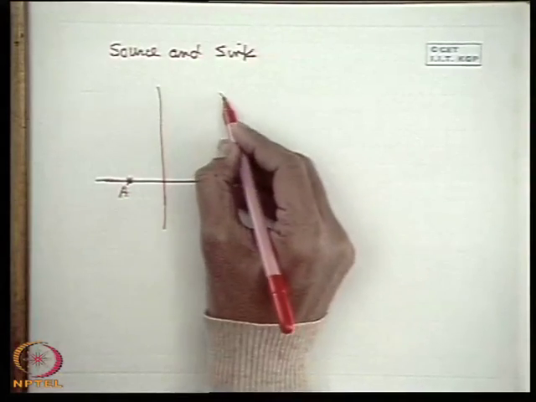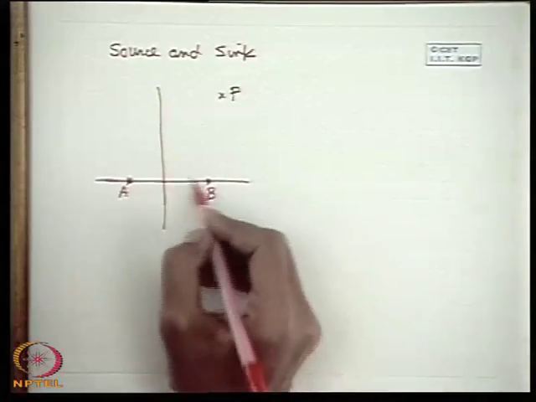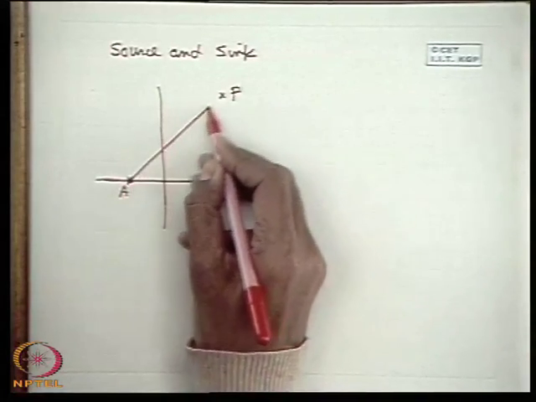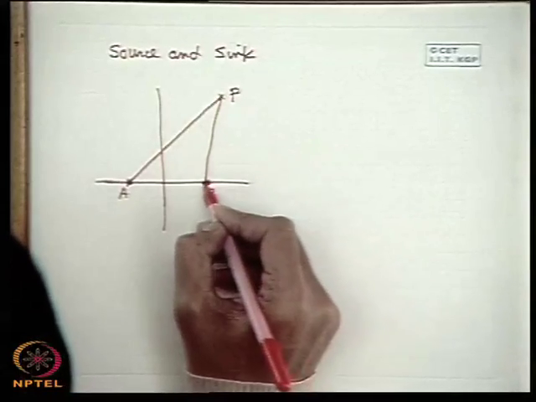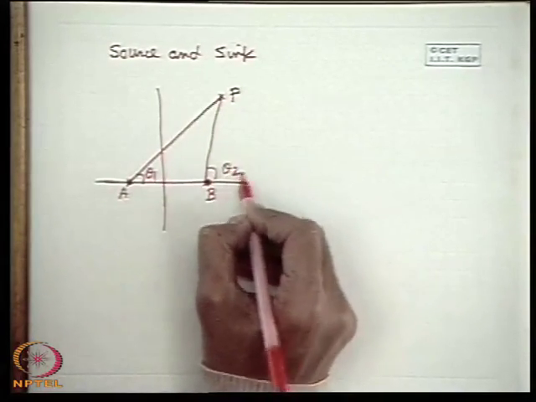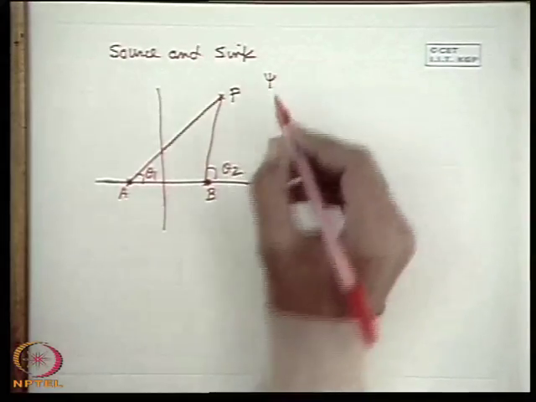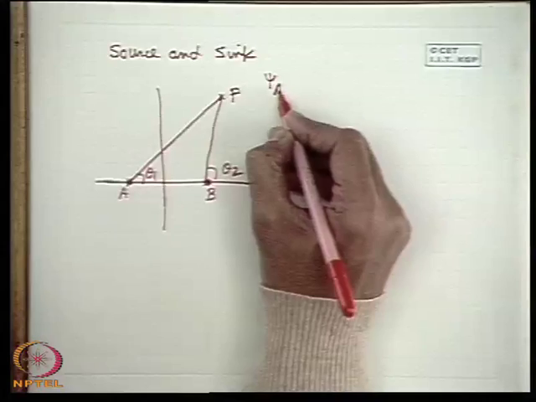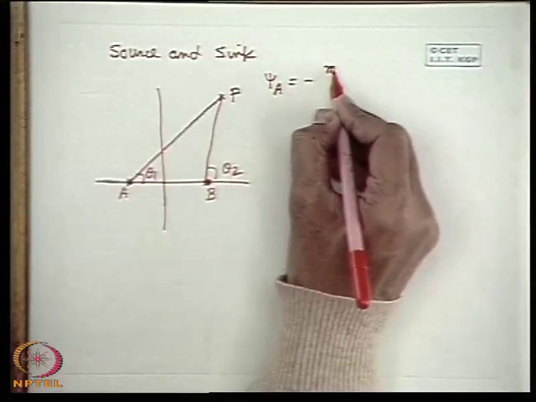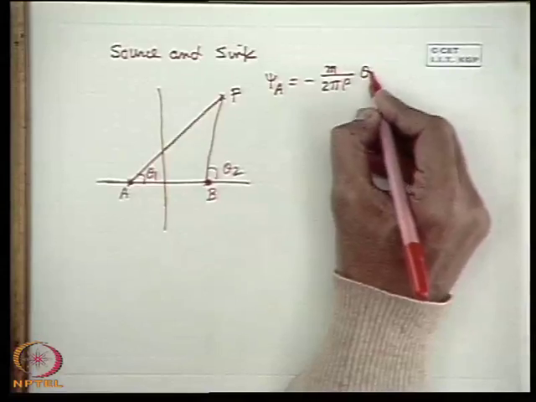Now consider a point P in the flow field generated by the combination of source and sink. If we join these two points, let these angles be theta 1 and theta 2. In a polar coordinate system, for the source, psi A is minus m by 2 pi rho theta 1.